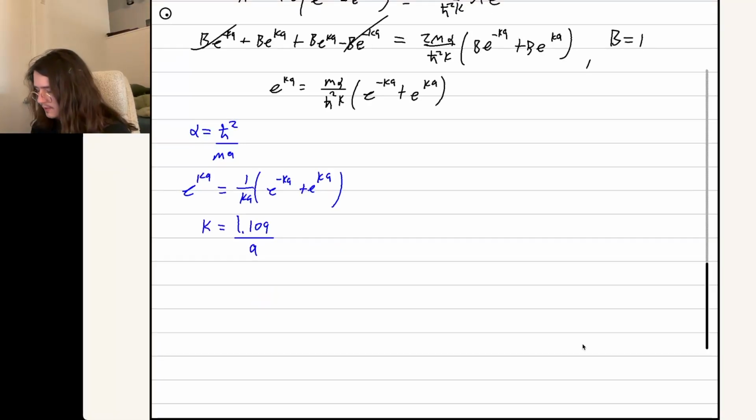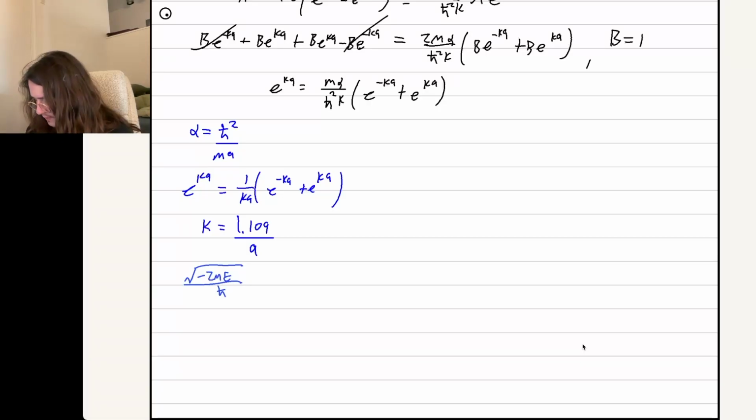And we can actually use that now to find out what the energy is, because if you remember, we defined k to be the square root of 2mE over h bar squared, and you set that equal to k.